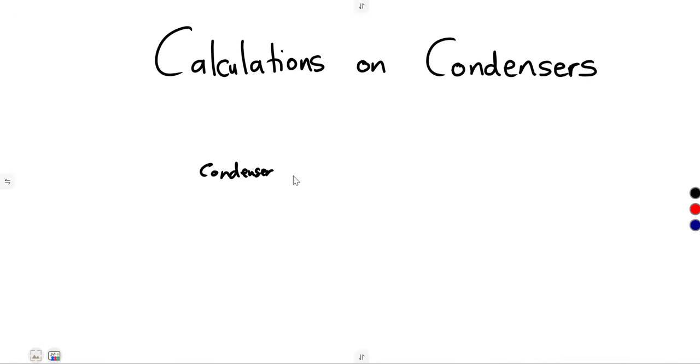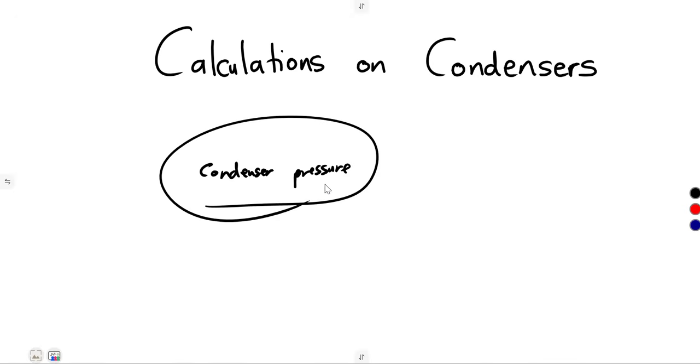So the condenser pressure, there are so many things that we need to consider before we go to the absolute pressure, which are the gauge pressure.